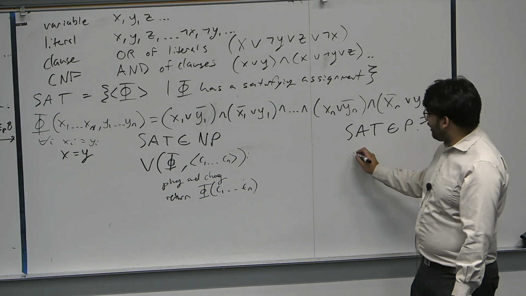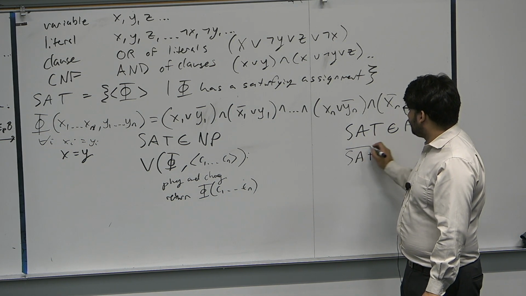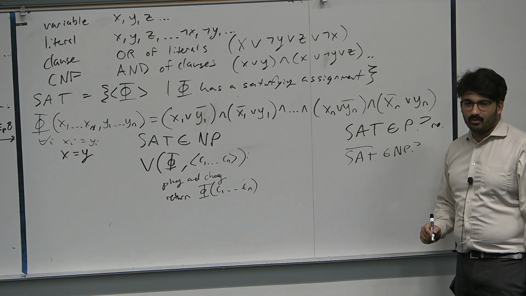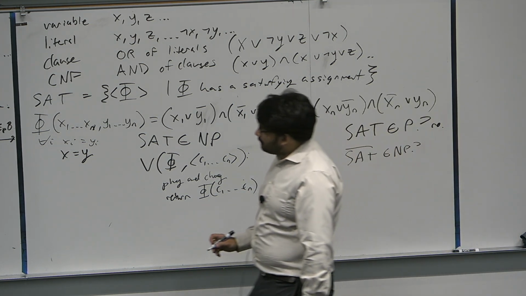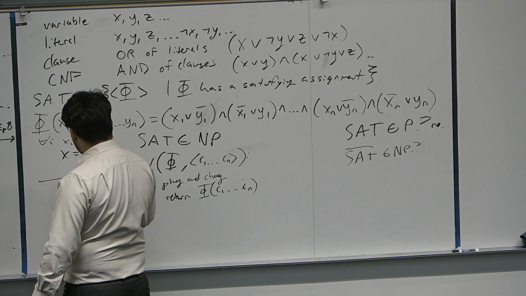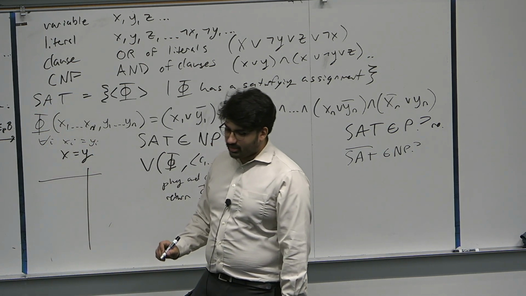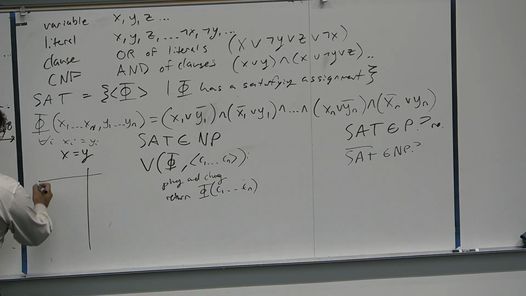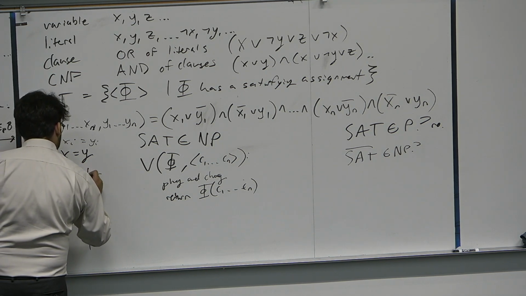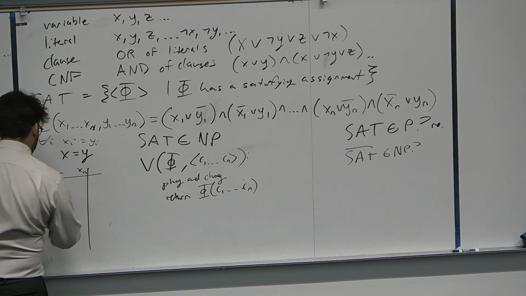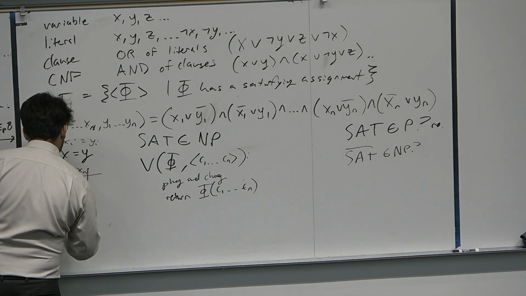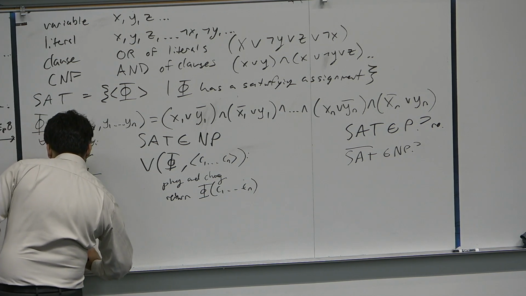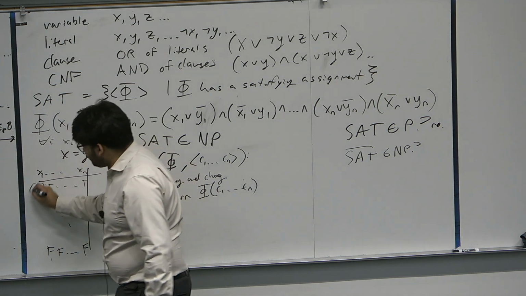What about SAT complement? Is the opposite of SAT in NP? Can you verify the complement of SAT? What are we talking about when we say that SAT is in NP? Consider we have n input variables, x1 to xn, and we make the truth table for that. It's going to be true, true, true, and then false, false, false. This has size 2 to the n.